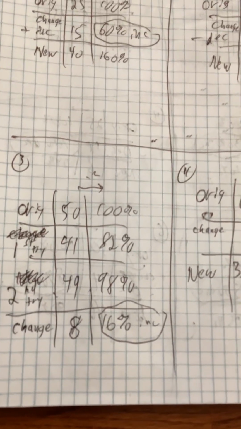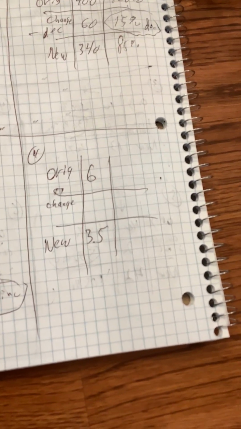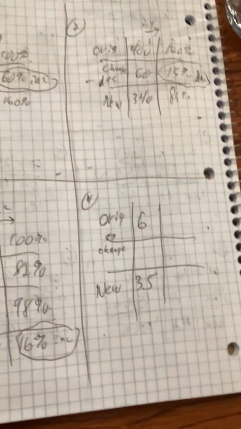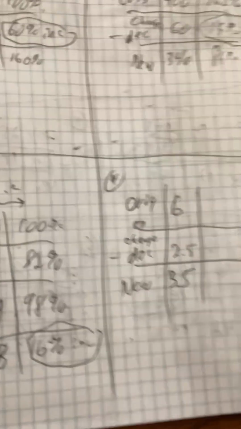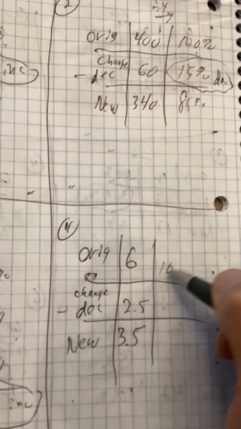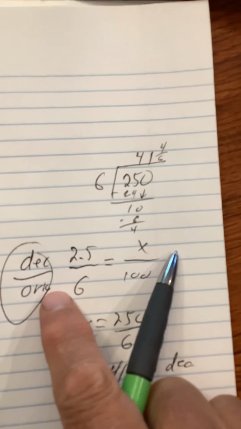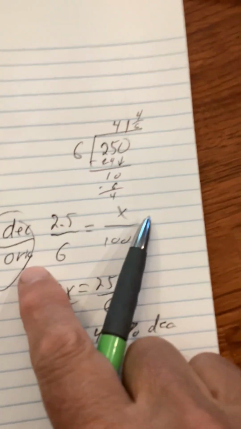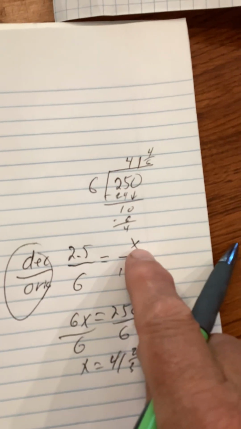And the last one there, this one they give you weird numbers here. He's going from 6 and he wants to get it done in 3.5 hours. So it's going to be a decrease of 2.5. So here the numbers are kind of finally tougher. I already worked this out, so I'm just going to show you over here. I made my circle, decrease over original, and it's 2.5 over 6 is, I don't know, over 100.